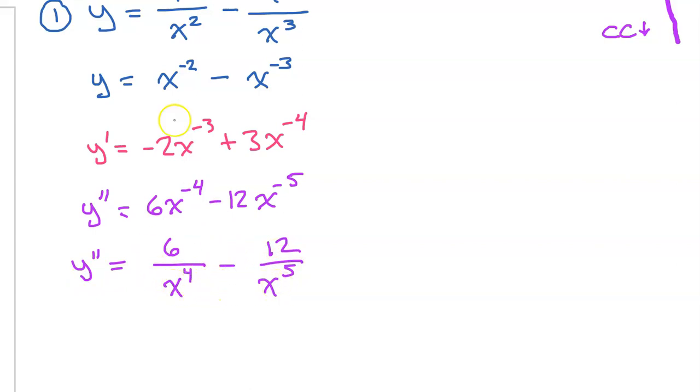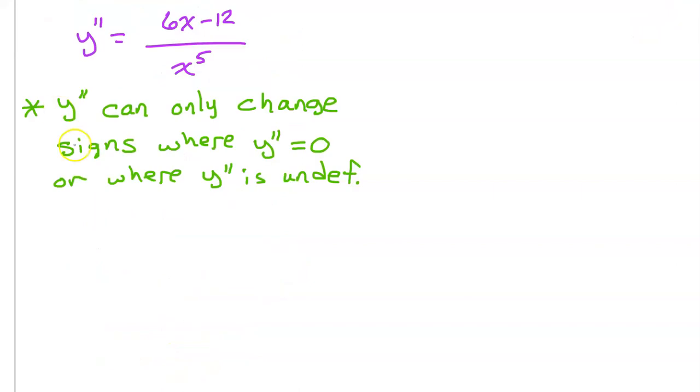So I need like denominators. If I multiply it by x over x, I will have like denominators. Both denominators are now x to the 5th power. So this means that y double prime is equal to 6x minus 12 over x to the 5th power.